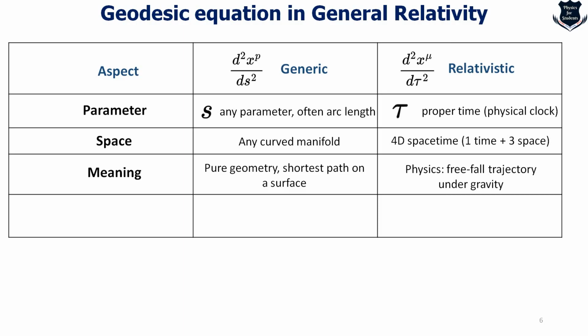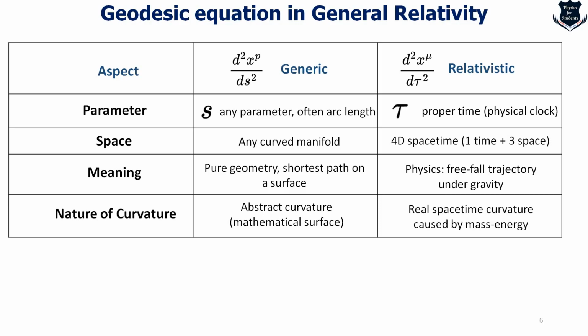If I talk of the relativistic part, it is a free falling trajectory under gravity. I will show you more elaborately what 0 actually means. The nature of curvature is a little bit abstract in the mathematical case. Obviously in mathematics we deal with abstract things, and this is the real space-time curvature, which is caused by the stress energy momentum tensor T mu nu, which is the mass energy part.